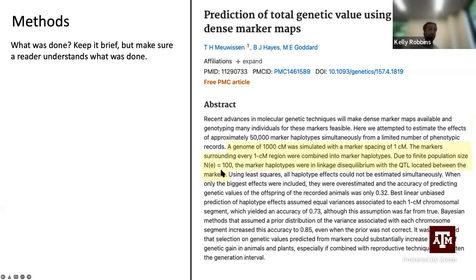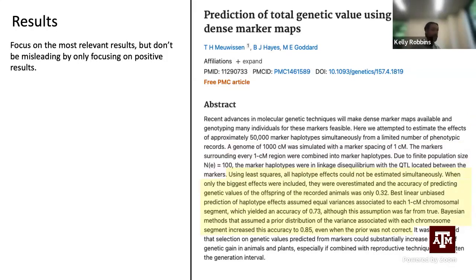It's quite clear that they were simulating a complex trait with many QTL associated with it, and that they simulated in a way to generate good linkage disequilibrium between markers and the QTL. So again, there's not a ton of detail here in the methods, but there's enough detail for me to understand what they did, and for me to make a judgment call of whether or not what was done here really is relevant to whatever research I'm doing or whatever type of search through the literature I'm doing right now. So again, I think a good job here.